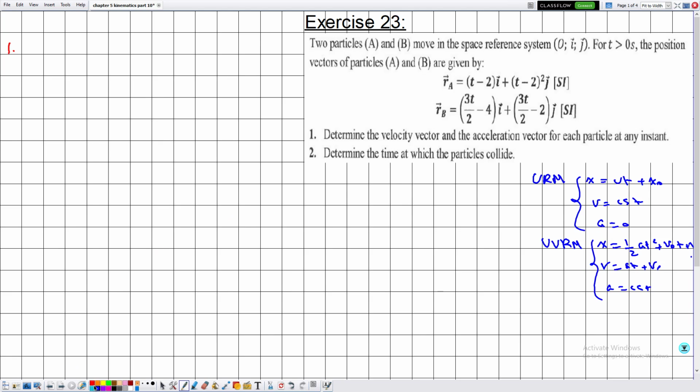So we need to do this analysis for both particles A and B. Let's start with particle A, with the motion along the x-axis.